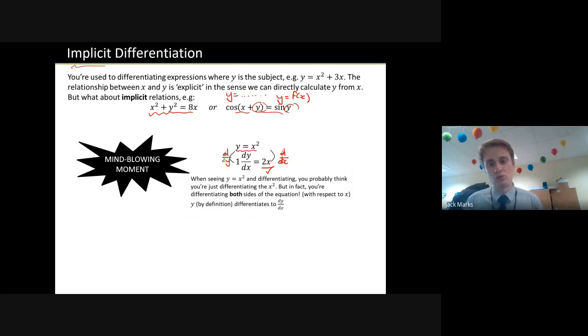Because we're meant to do the same on both sides really when we differentiate. But the trick is, this one here is what happens when you differentiate with respect to y. That's the 1, okay? And then next to it, we write dy dx. Again, this is the dy dx that you've seen before.